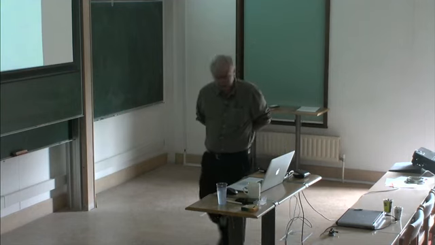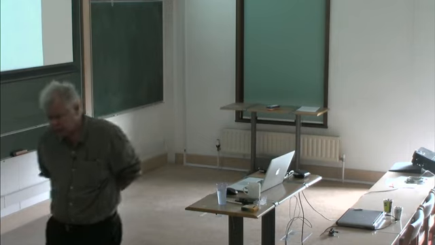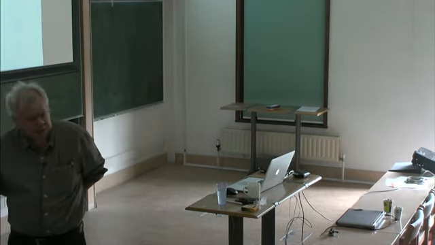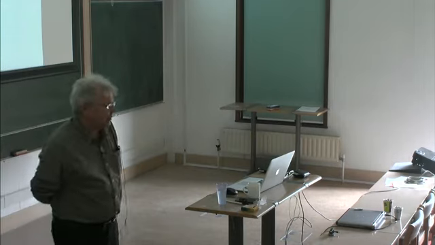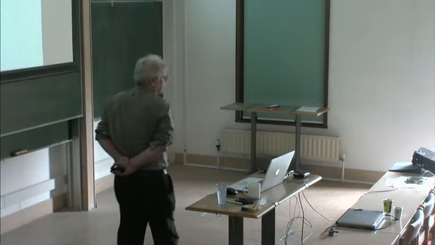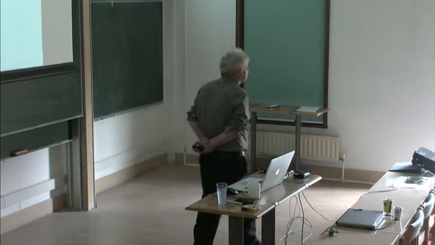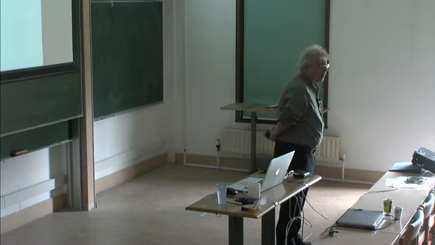And he then went on to think about evolving these surfaces. And because his background was geometry, geometric analysis, he looked at the standard geometric flows. The standard one is motion by mean curvature.